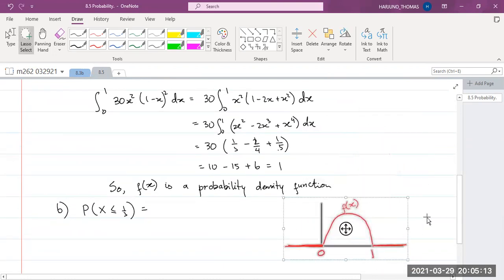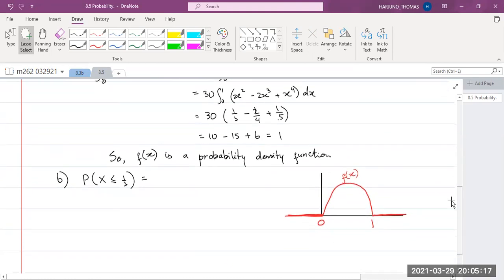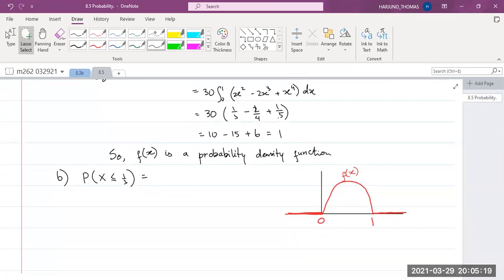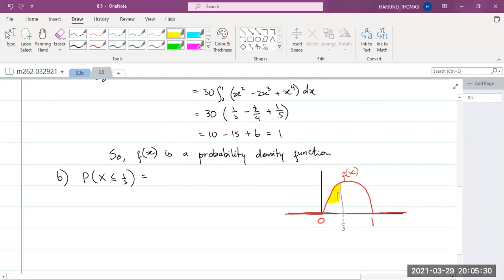The probability that x is less than or equal to 1/3 is equal to the area under the curve to the left of 1/3. So the probability for that event is equal to the area for that event. You see what I mean?